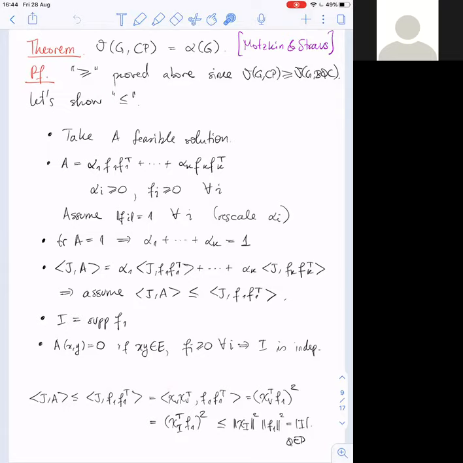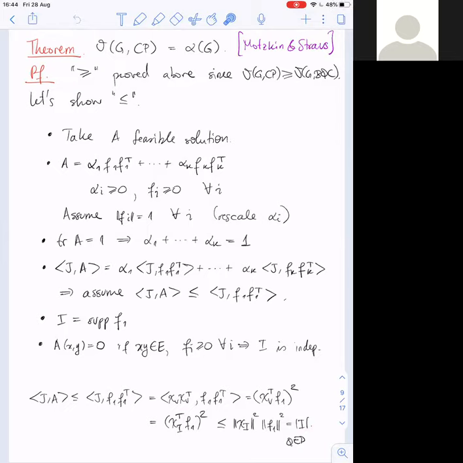If you make a very easy calculation now and use the Cauchy-Schwarz inequality here, you get that JA is less or equal than the cardinality of I. This means that whatever solution you get of this problem, you get an independent set which has cardinality at least as large as the objective value of this solution, which proves the reverse inequality here, that theta is less or equal than alpha. Okay, so that's the very short proof of this fact.